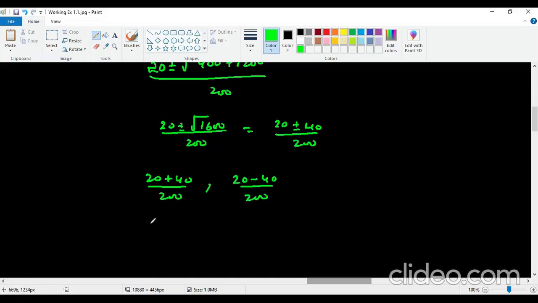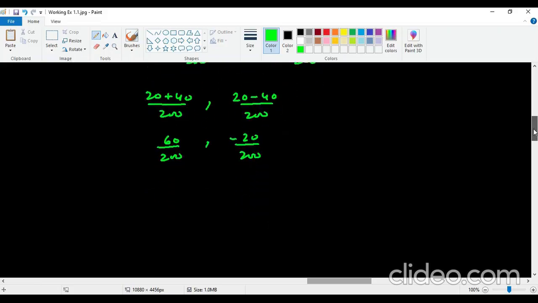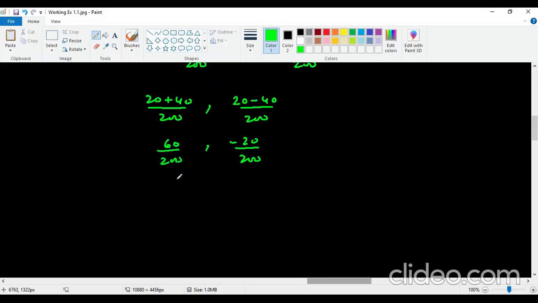So this one is going to give you a 60 over 200, and this one is going to give you minus 20 over 200. So this is going to give you 3 over 10, or 0.3, both are fine. Now minus 20 is going to give you negative 1 over 10, or 0.1. Anyway, this answer is going to be accepted for this question.